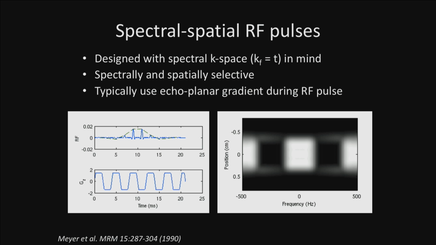So in this example, the main excitation lobe has some bandwidth around our center frequency and has a slice thickness of about 5 millimeters. And these typically use an echoplanar style gradient, just like I showed on the spectroscopic imaging acquisition side, and for the same reasons, and I'll illustrate that in just a sec.